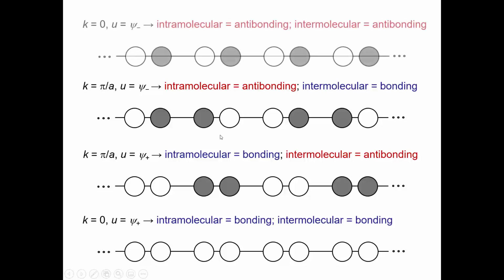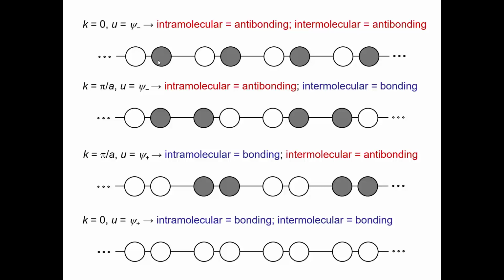And then finally, the highest energy crystal orbital that we found, in fact the highest one there is, is the antibonding MO at k equals 0, because that's going to have antibonding interactions both within the molecule and between molecules.